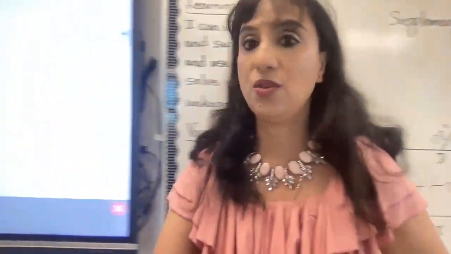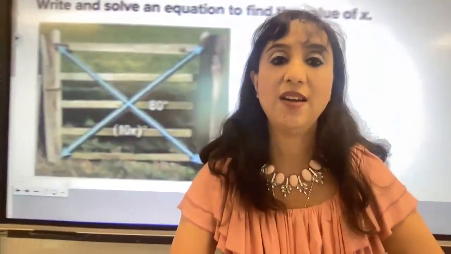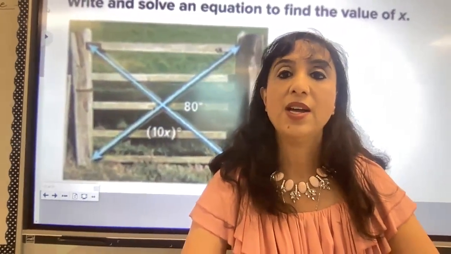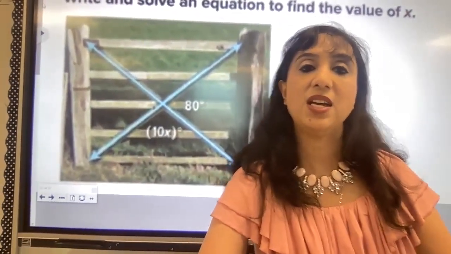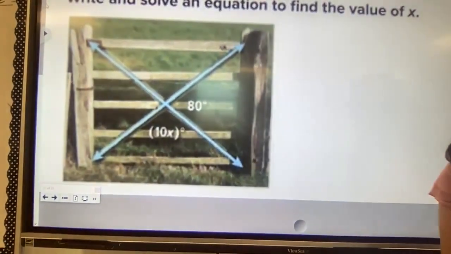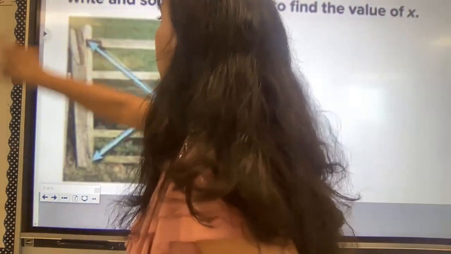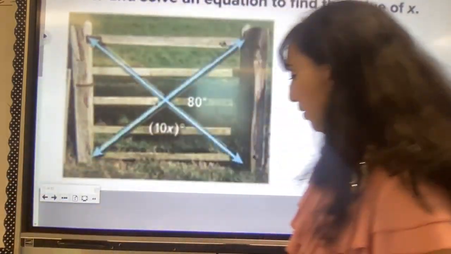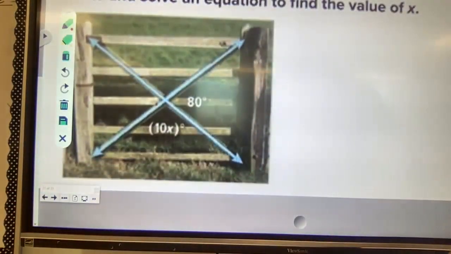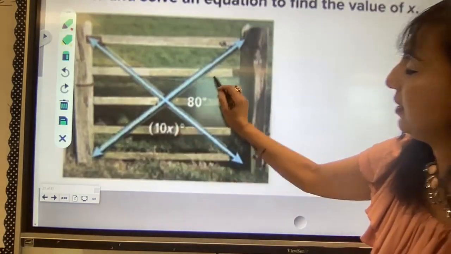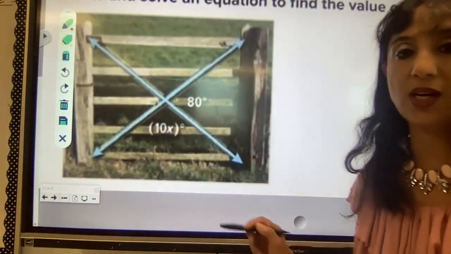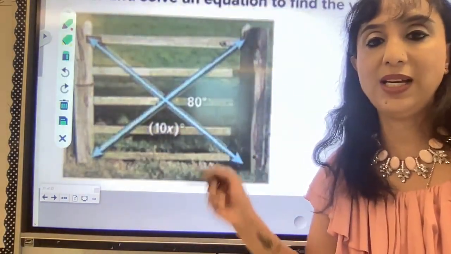And I'm going to take you to my whiteboard for this question. Here we go. All right. So I have this fencing, the gate, given to me like this. And it's saying write and solve an equation to find the value of x. So I know that these are supplementary angles because 10x plus 80 degrees, what is that?